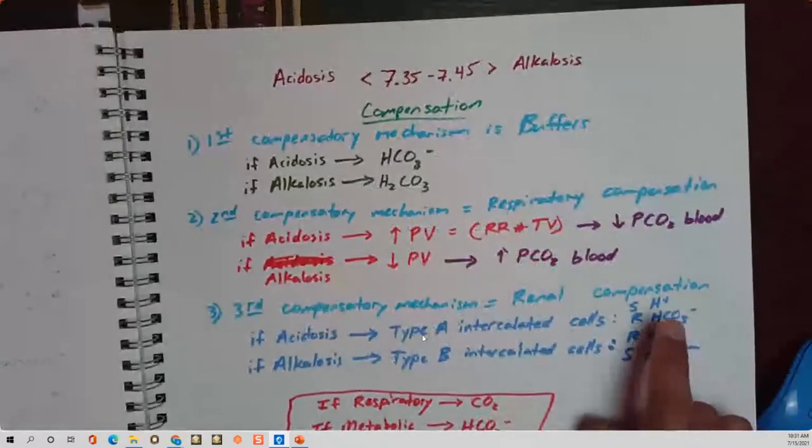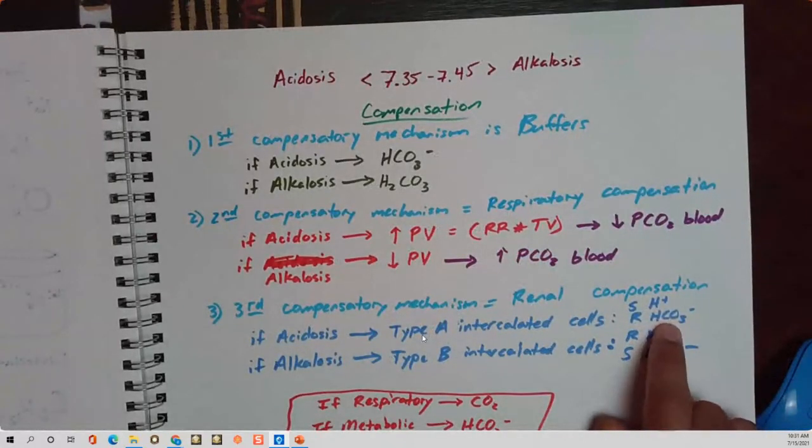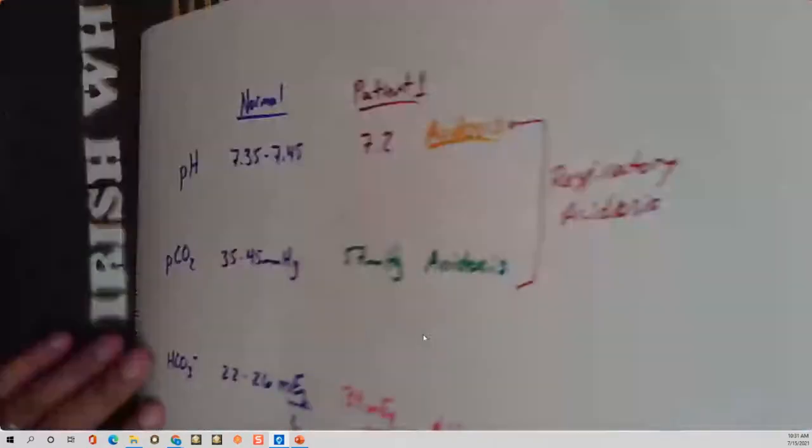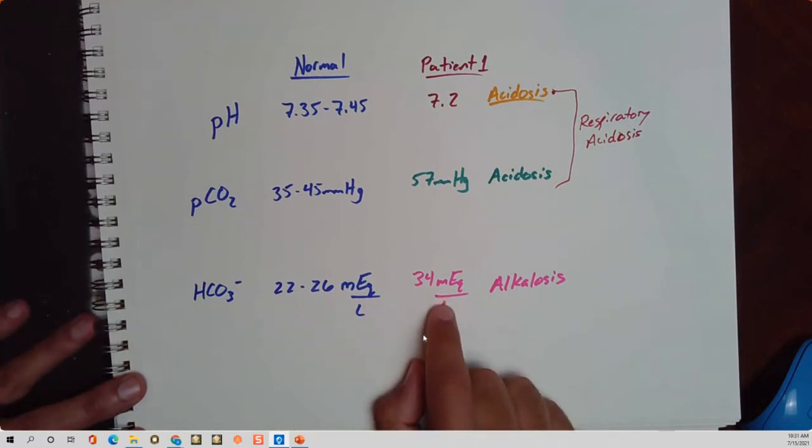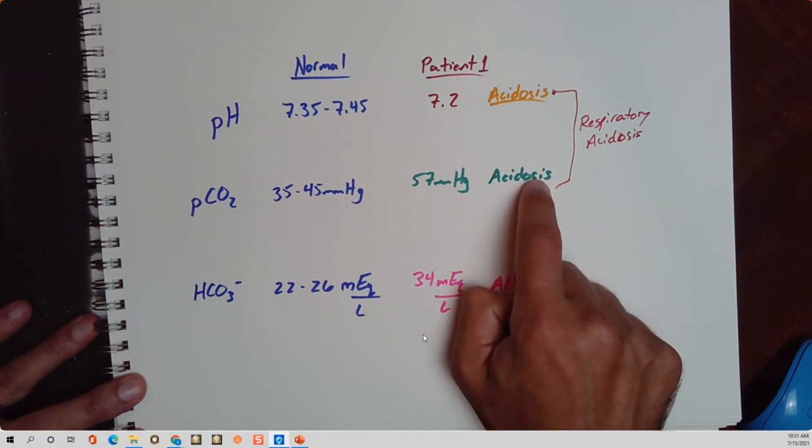I'm secreting the hydrogens and I'm reabsorbing the bicarb. And don't we see that right here? This patient's bicarb levels are higher than normal because those type A intercalated cells are reabsorbing those bicarbs. Does that make sense? We're trying to compensate for the acidosis.